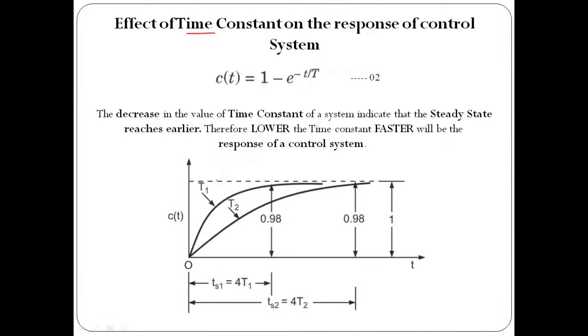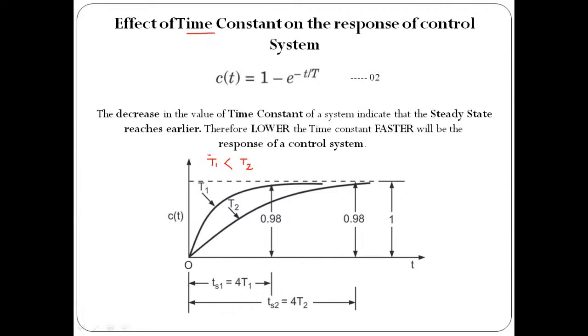And we have considered two different cases. In case one, the system time constant is small, that is t1. And in case 2, the system time constant is t2, where t2 is more than t1, or you can say t1 is less than t2.